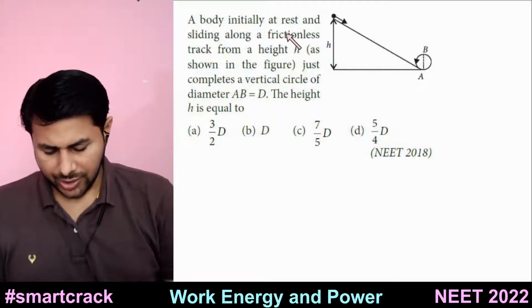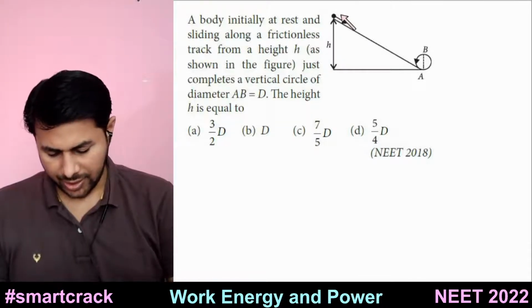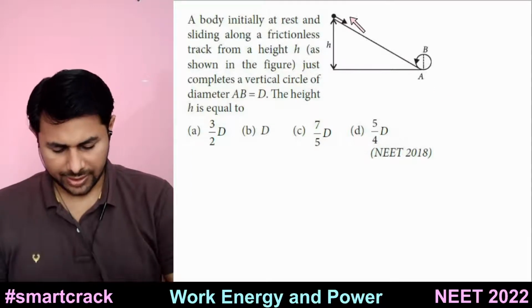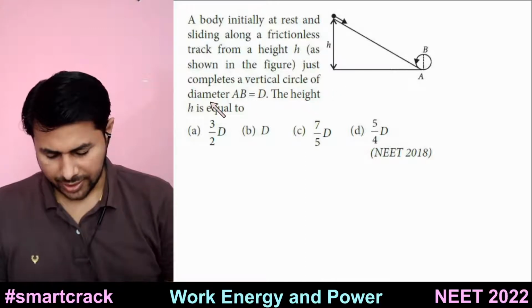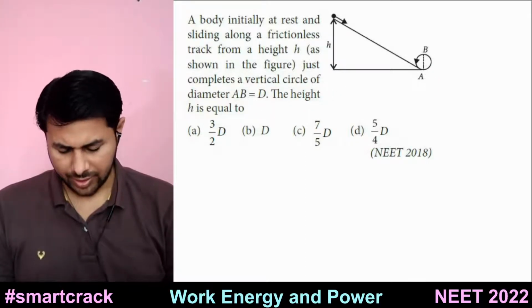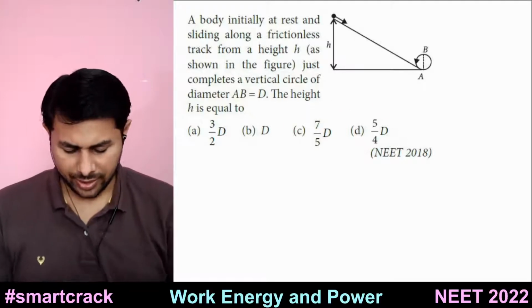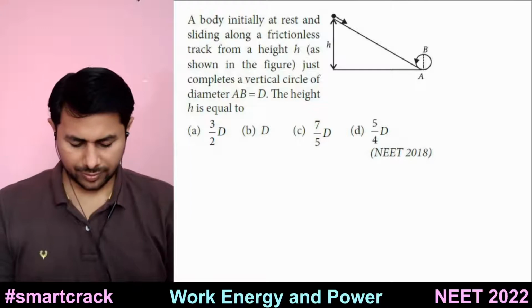A body initially at rest and sliding along a frictionless track from height h just completes a vertical circle of diameter AB equal to D. The height h is given by? How do we solve it?